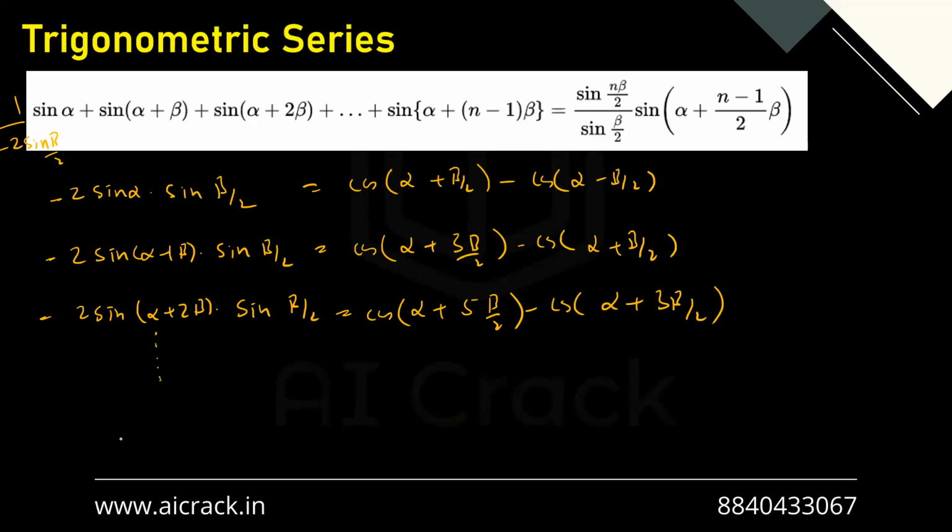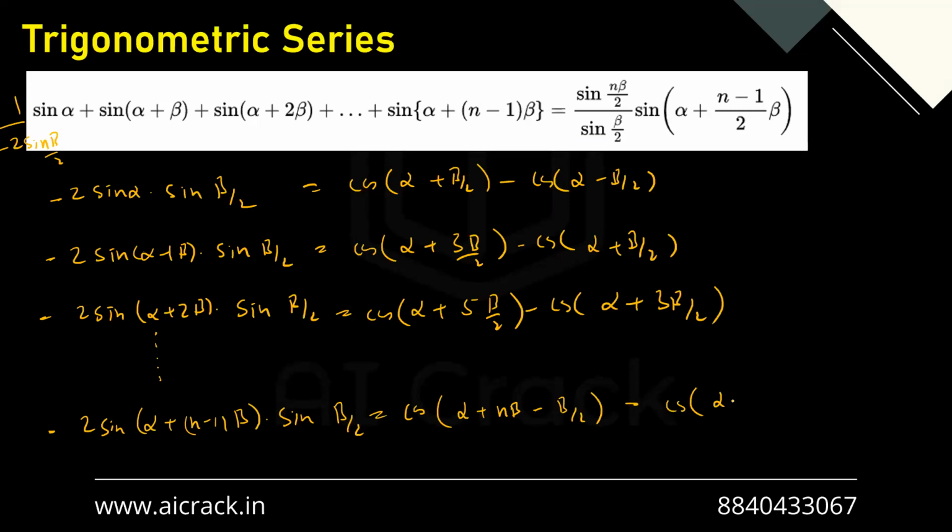Now if we extrapolate this for the last term, we'll be getting minus 2 sine alpha plus n minus 1 beta dot sine of beta by 2. So we'll be writing it as cos of A plus B and cos of A minus B. So this would become cos of alpha plus n beta minus beta by 2, minus cos of alpha plus n beta minus 3 beta by 2.